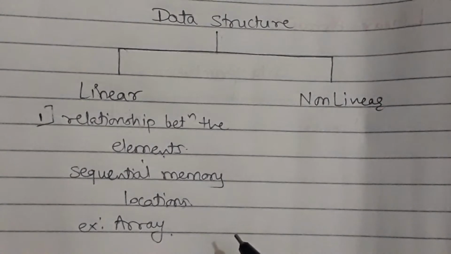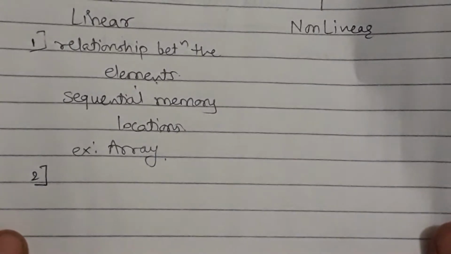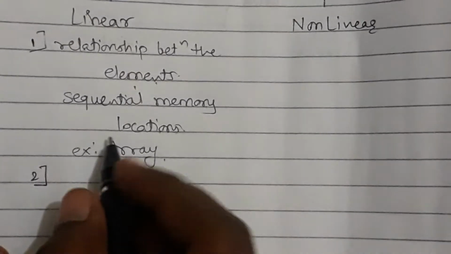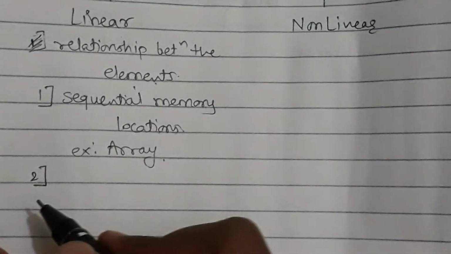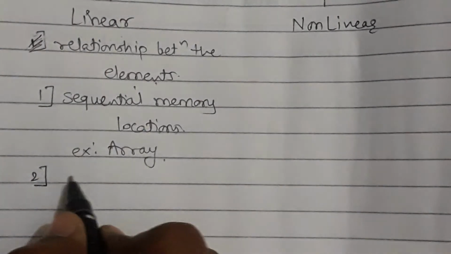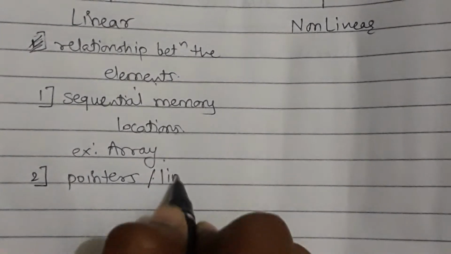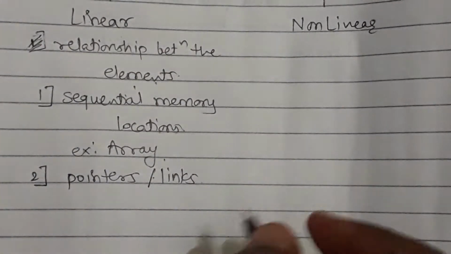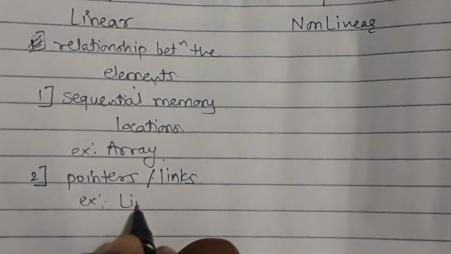The second way is a linear relationship between the elements represented by pointers, or certain links. An example of such a linear structure is a linked list.